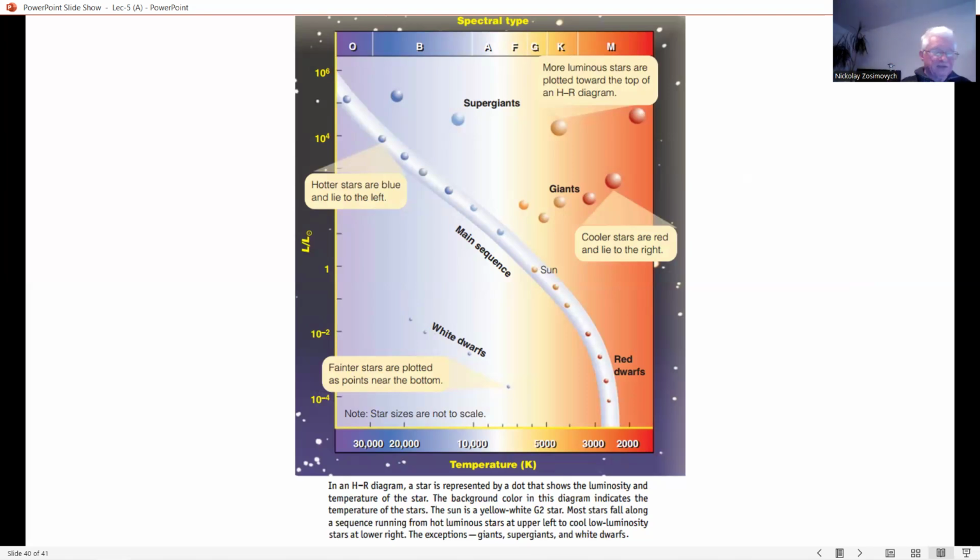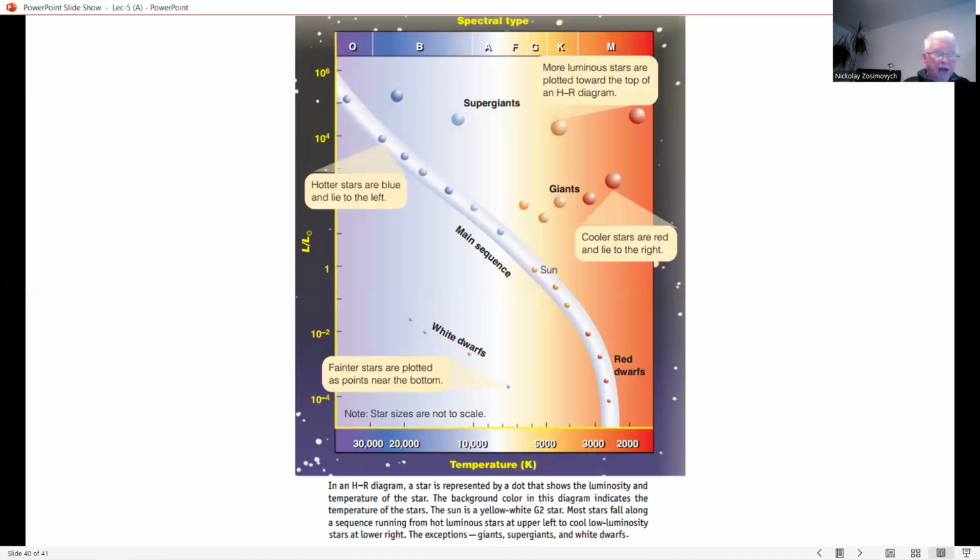The main sequence is the region of the HR diagram running from upper left to lower right. It includes roughly 90% of all normal stars. In this figure, the main sequence is represented by a curved line with dots for stars plotted along it.